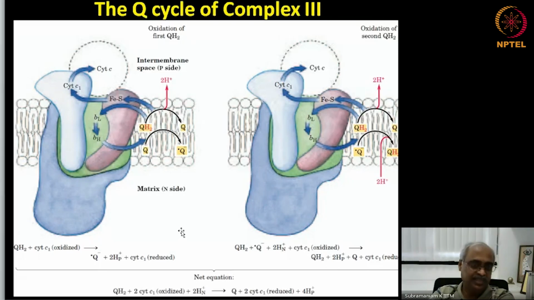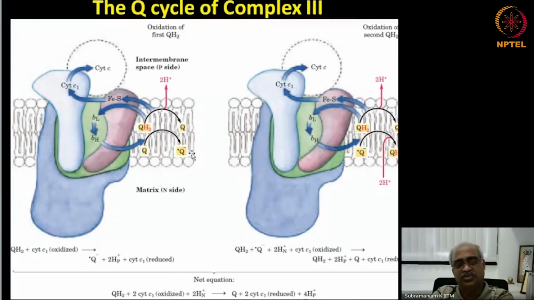So if you consider one at a time, it is not very difficult. All that you need to remember here is that out of the 2 electrons taken from fully oxidizing a fully reduced ubiquinol, only one is transferred to cytochrome C. The other electron is shuttled back by the cytochrome B to a fully oxidized ubiquinone, and that is reduced to the semiquinone radical.